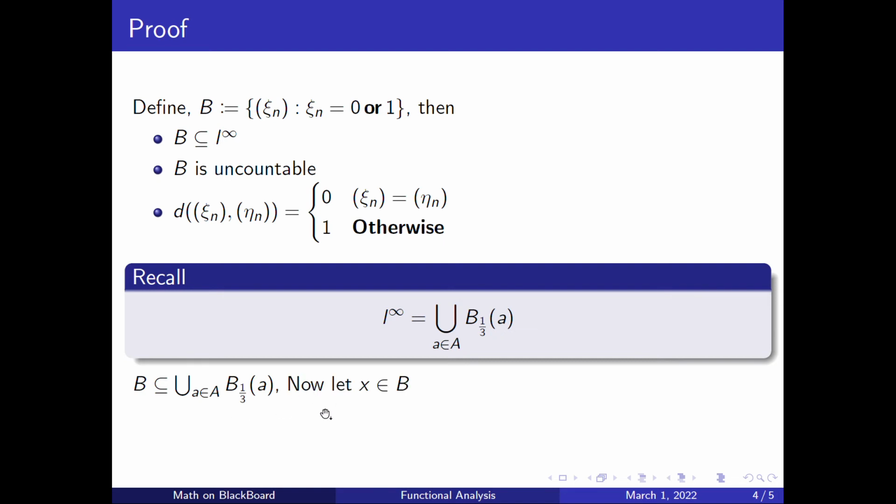Now you take any x that belongs to B. Since B is a subset of this entire union, x has to belong to this union. In particular, if it belongs to the union, it has to belong to one particular open ball, isn't it? So I'm calling that open ball B 1 by 3 of a naught, for some a naught belonging to capital A.